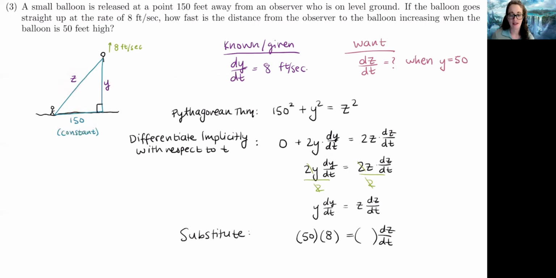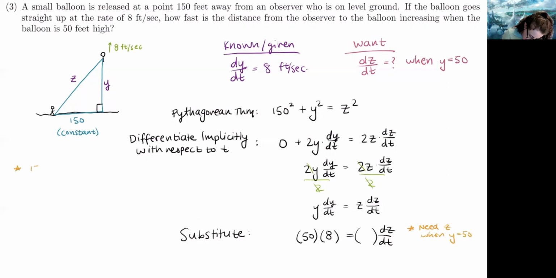What is the length of the hypotenuse? Okay, so we need to find the value of z now that goes with y equals 50. All right, so let's just make a note of that because we'll do it off on the other side. We need to find z when y equals 50. Let's do the work over here.